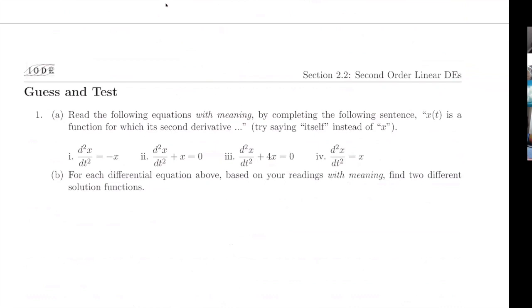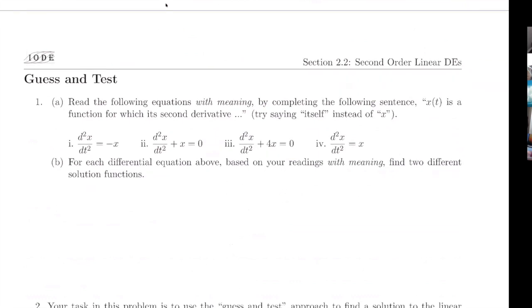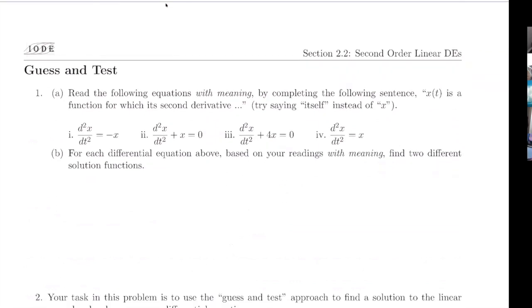So let's dial it back before we take a look at the most complicated cases. What you looked at for the reading quiz was some second order differential equations, and in particular, none of those involved the first derivative at all. So here we have some equations that tell us, for example, the second derivative of a function x is equal to -1 times itself.